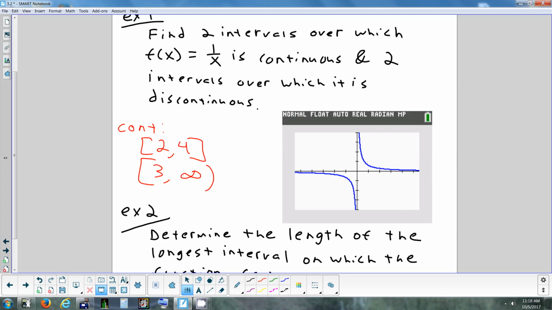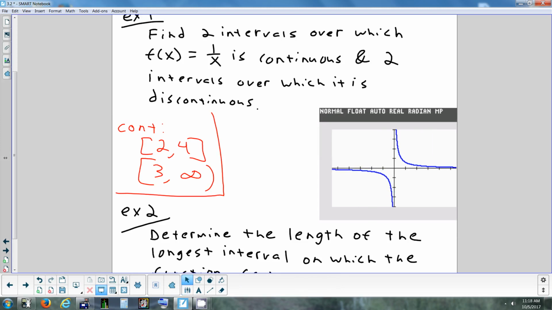Right? Now, can somebody give me an interval that would be discontinuous? If I tried to trace between this value and this value, I couldn't do it without lifting my pencil. Yep? 2 to -4. All right, I'm just going to write the small one first. So -4 to 2.